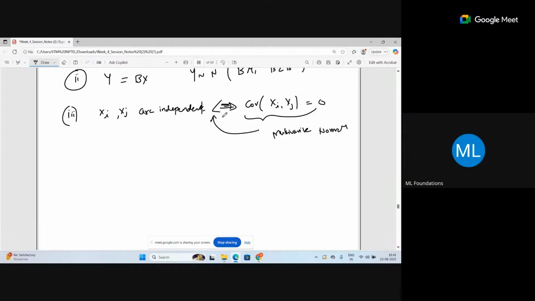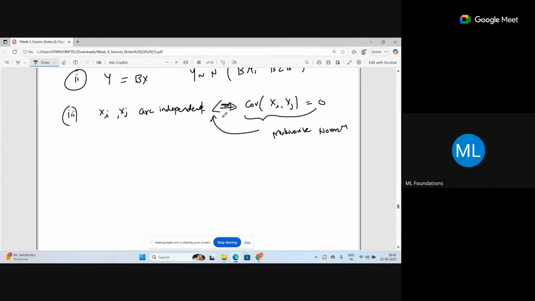But if it is another case, let's say x1 is exponential distribution and x2 is some normal distribution, and if I want to find out the covariance between them, and we find that the covariance is equal to 0, then it doesn't translate to them being independent. So if one is of one distribution and one is some other kind of distribution, then it's not necessarily independent.